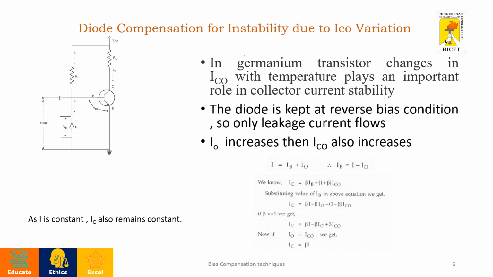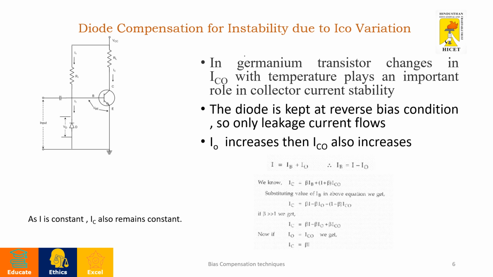Next, diode compensation for instability due to reverse saturation current variation. Here a germanium transistor is used, so compensation is achieved by using a similar material diode, germanium, and here the diode is connected in reverse bias. The reverse saturation current flowing in the transistor is given by ICO and in the diode is I0.